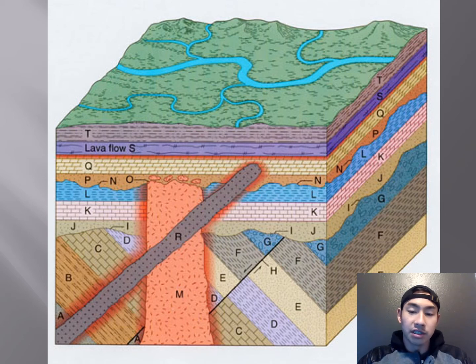So originally, these were deposited horizontally, and then there was an event that caused them to be tilted, and also cut through with the faults, and cut through with a dike, two igneous intrusions, R and M. So at a quick glance, I would probably guess that A is the oldest material in here, and R and M are somewhere in the mid-range in terms of age, since they cut through all these different materials and start to cut into some of the upper level sedimentary layers.